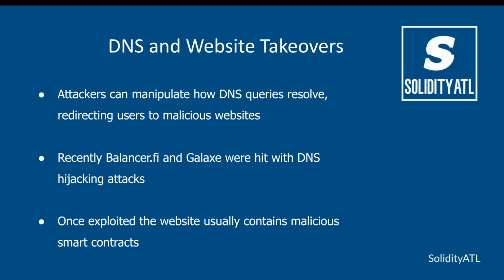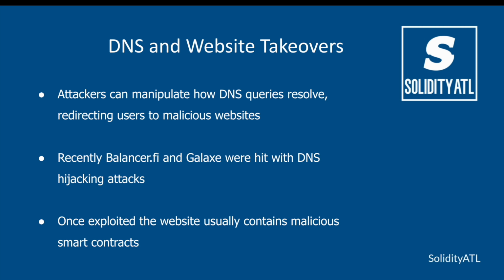They were attacked by scammers, hackers, however you want to call it, and their websites were displaying content that was not original to Balancer and Galxe. And once exploited, the websites usually contain malicious smart contracts.